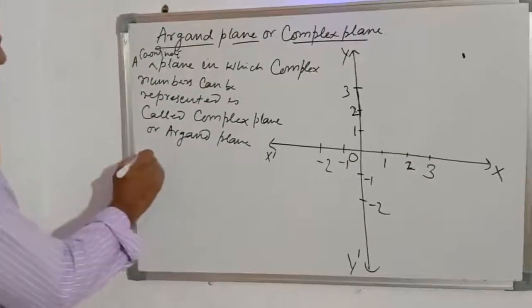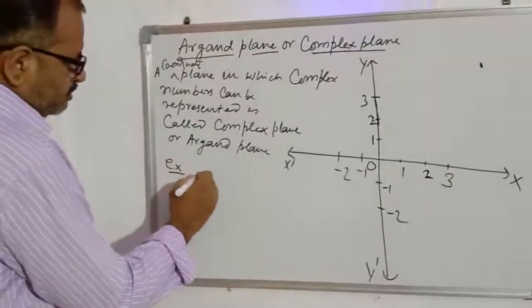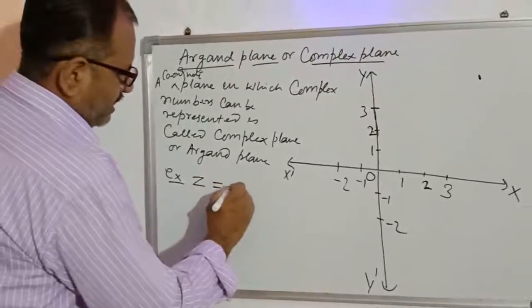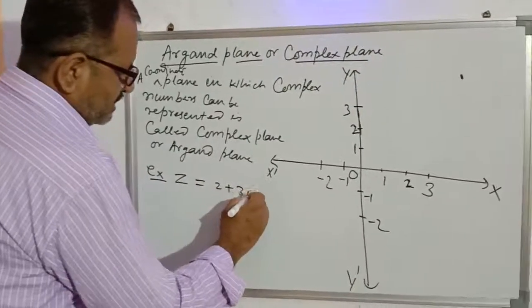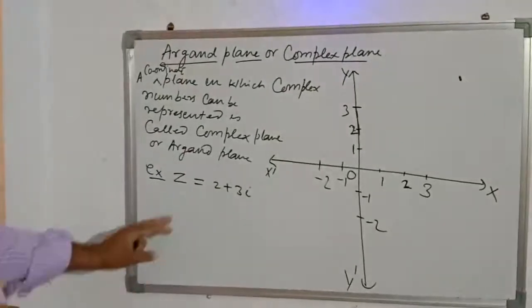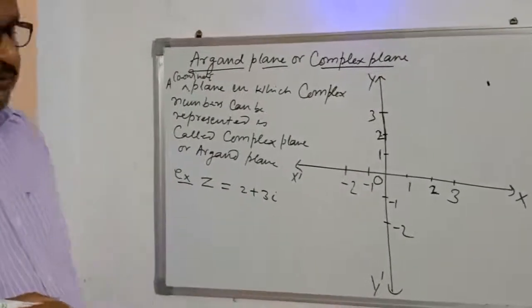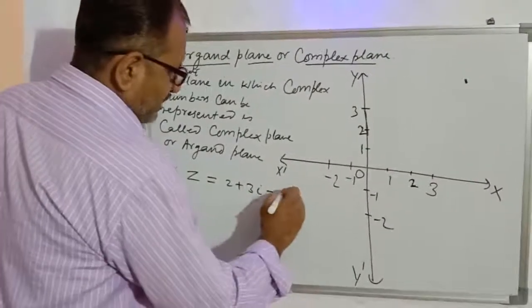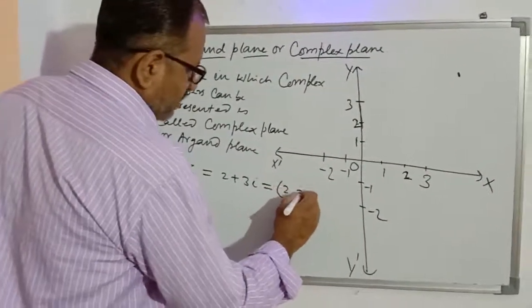We see an example. Suppose z is a complex number and it is 2 plus 3i. z is equal to 2 plus 3i is a complex number. We can write it in the coordinate form (2, 3).